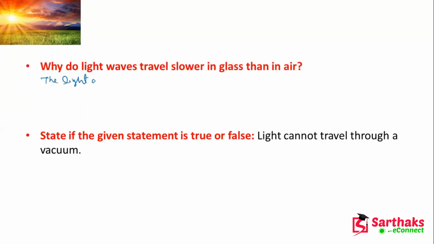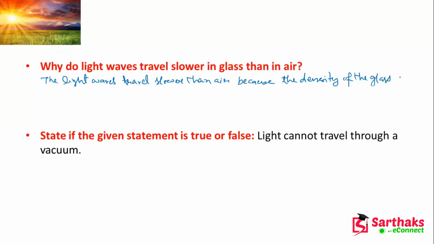The light waves travel slower than in air because the density of the glass is greater than the density of the air.